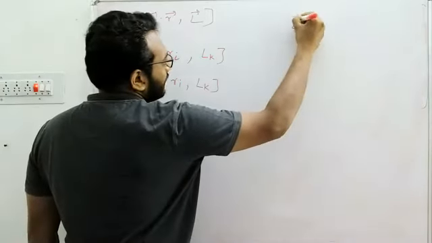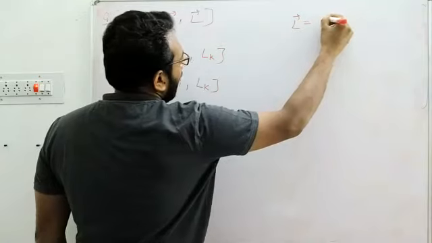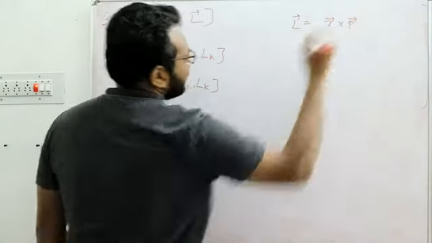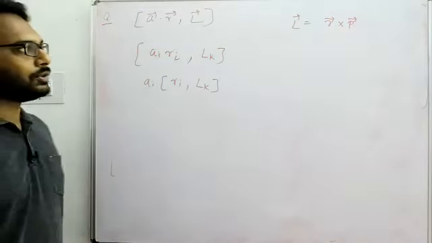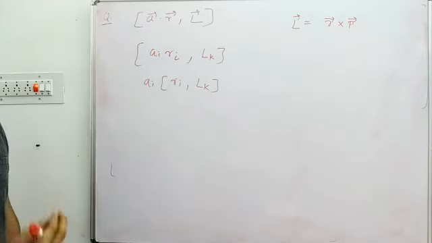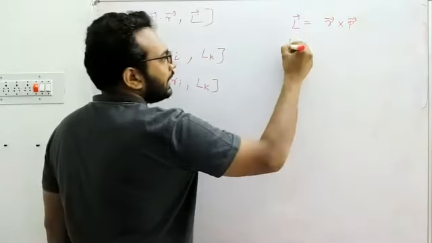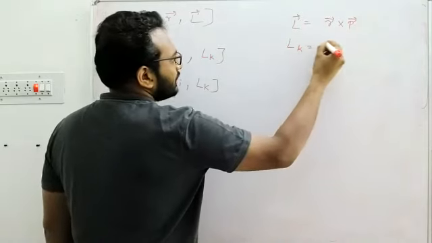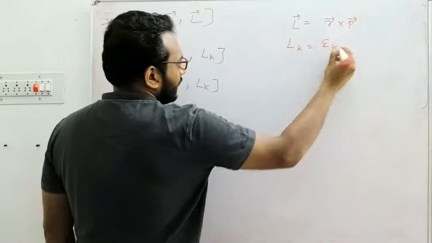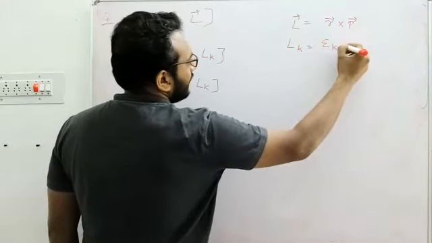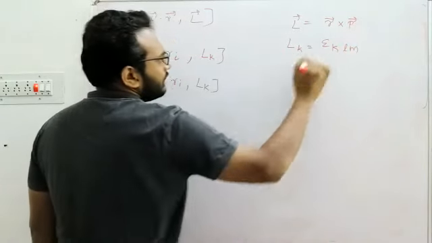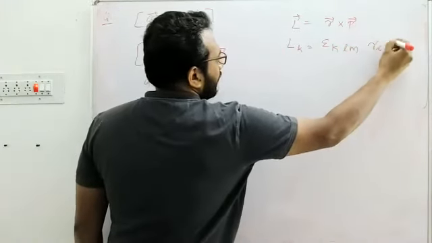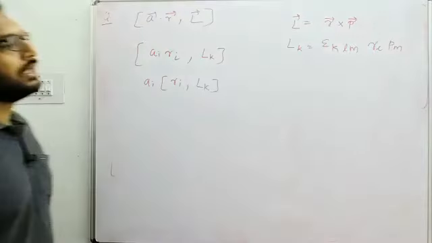We know that L vector is equal to r vector cross p vector. I told you that we can write one component of this using the Levi-Civita. So Lk can be written as epsilon k, and then you need two more indices, let's say l and m. These are summation indices, r l p m. This is the Levi-Civita.